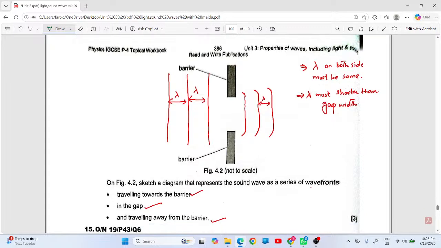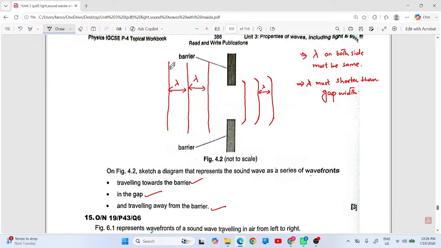Here we draw the wavefronts with wavelength lambda, and we know that the gap width is double the wavelength.